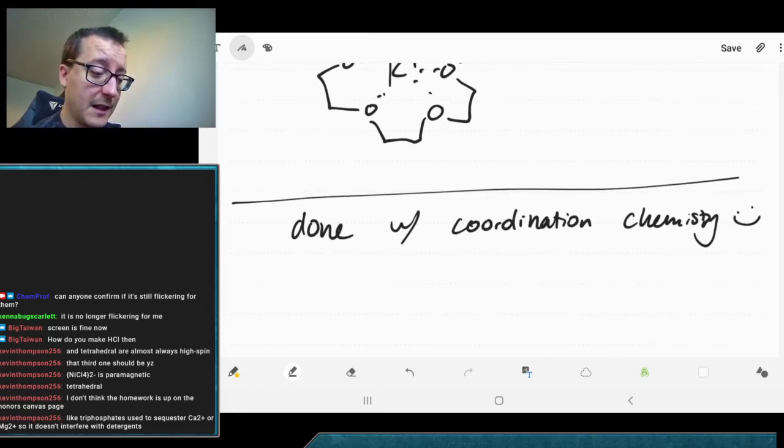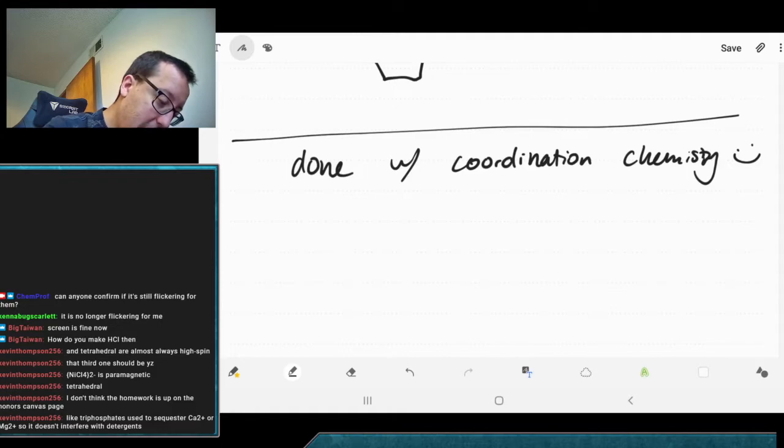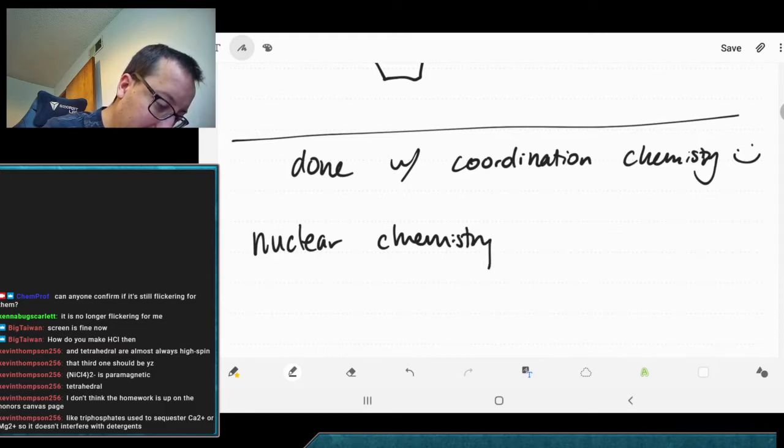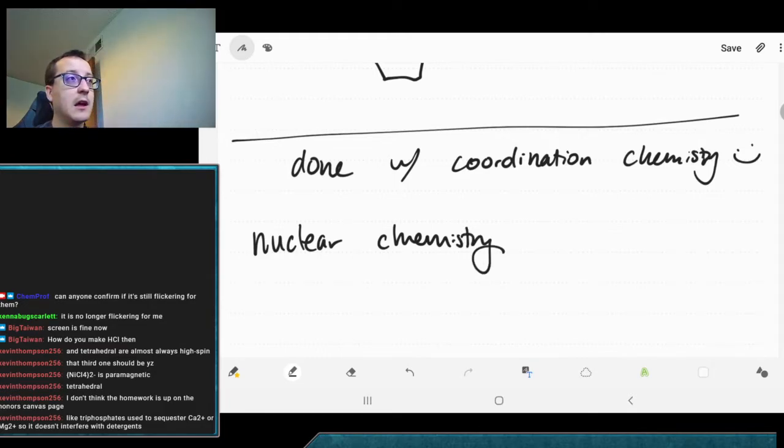We've talked about electrochemistry, which is electrons moving in between things. We've talked about all sorts of electron-based chemistry. But now we're going to talk about nuclear chemistry, which is a whole other field that has nothing to do with the chemistry that we've studied so far.